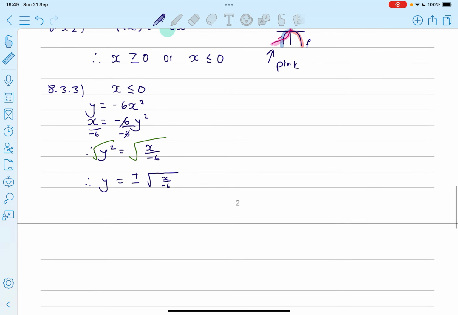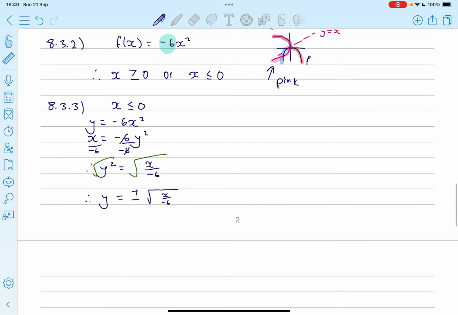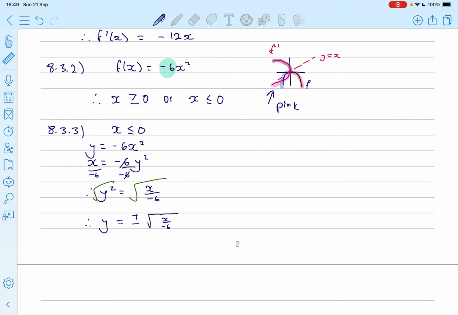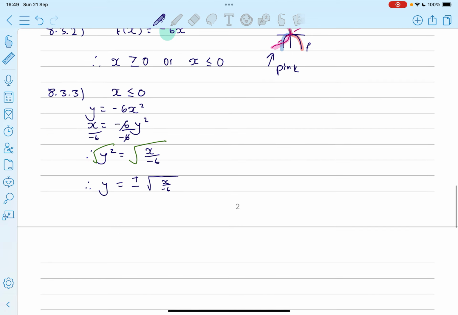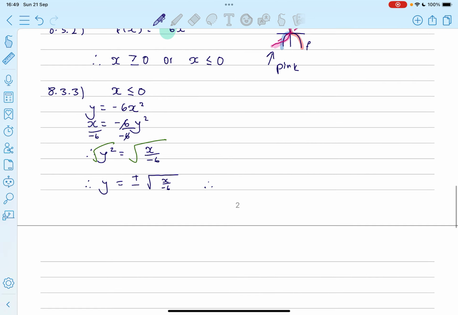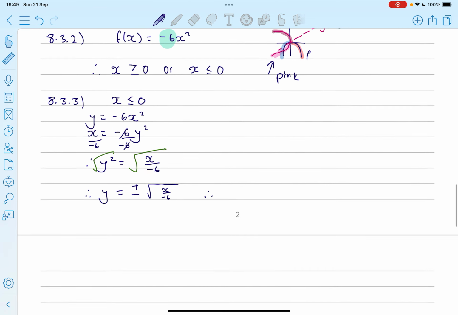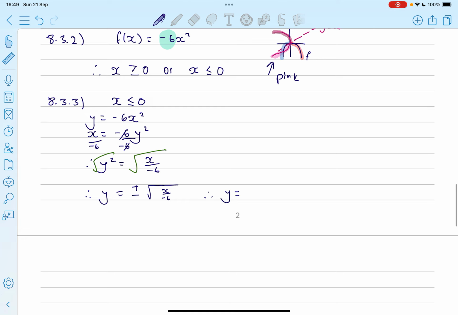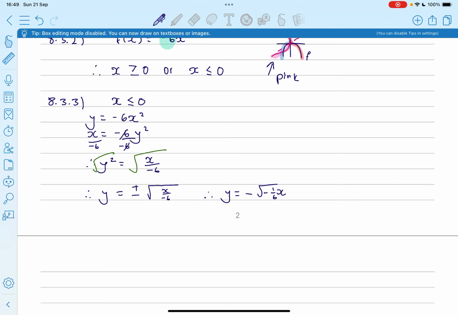And we were instructed that we want the negative part of the inverse, which we identified to be the pink highlighted section. And that section matches the blue part. So therefore, the equation that we want that will allow us to have negative values will be y is equal to negative square root of negative 1 over 6x.